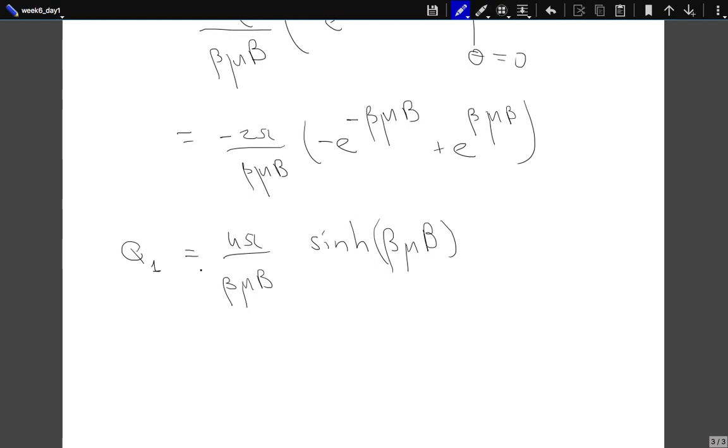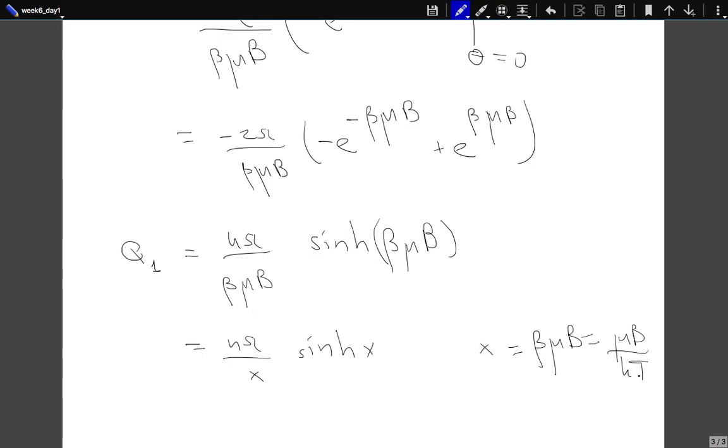So we have the one particle partition function. Well, you see, we can write this as 4 pi over x times sine hyperbolic x, where x is equal to beta mu b, or mu b over kT. You see, mu b is nothing but the excitation energy of my system, well, twice mu b.